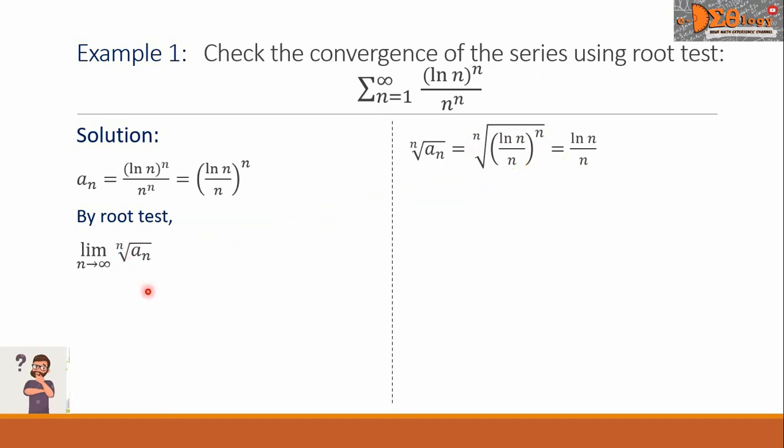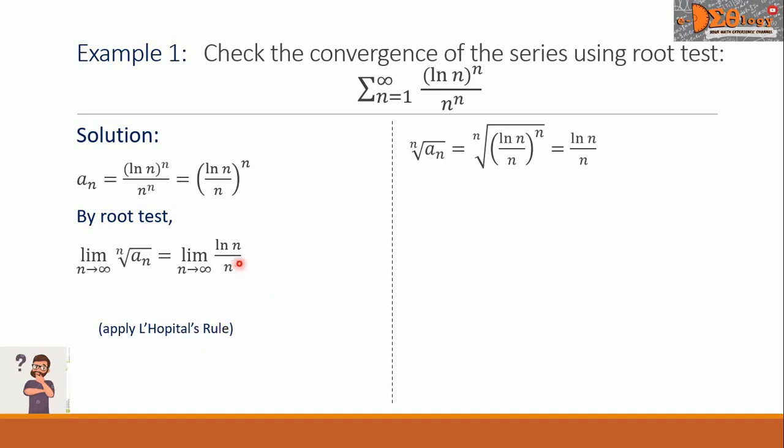So the root test limit will now become the limit as n approaches infinity of the expression ln n over n. Take note here that when we evaluate the limit, our expression becomes infinity over infinity, and that becomes an indeterminate form. So for this problem, we're going to apply L'Hopital's rule.